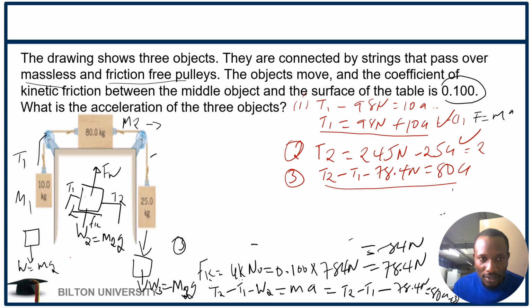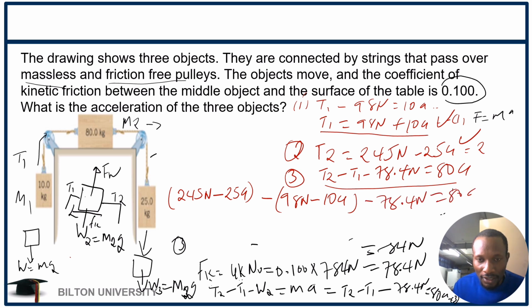T2 is 245 Newton minus 25A, minus T1, and T1 is 98 Newton plus 10A, then minus 78.4 Newton is equal to 80A.